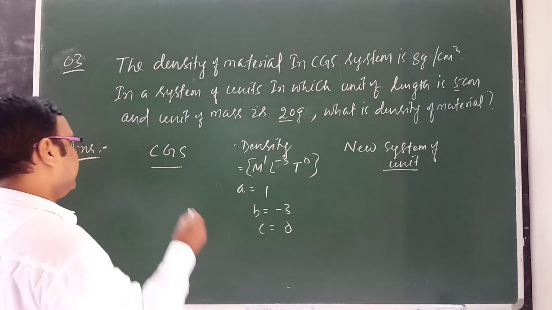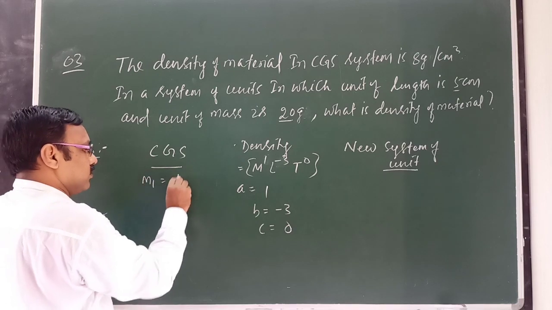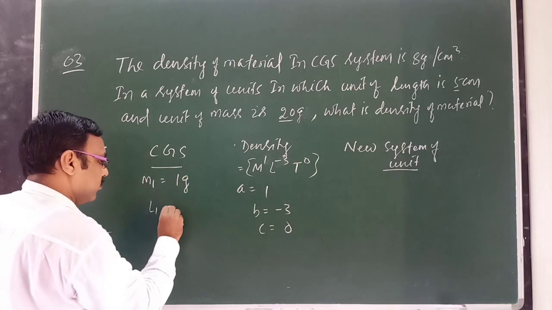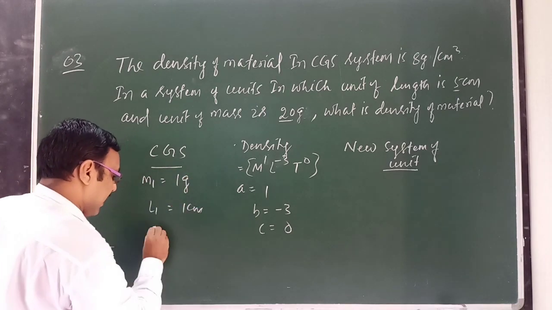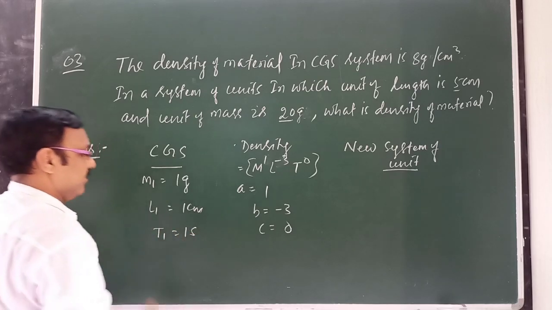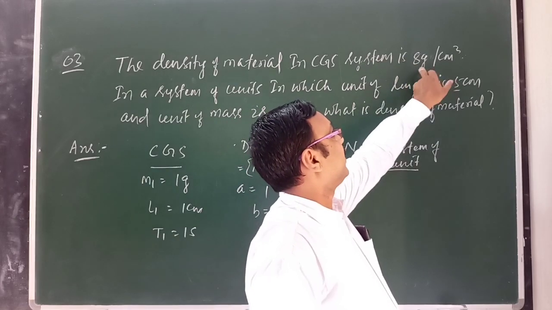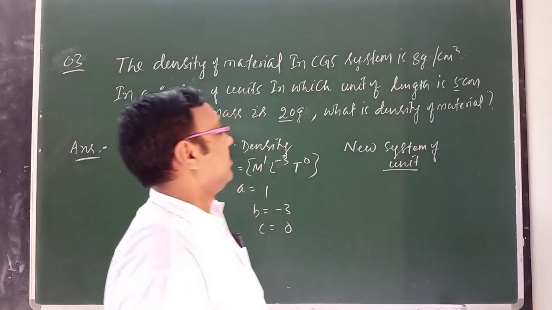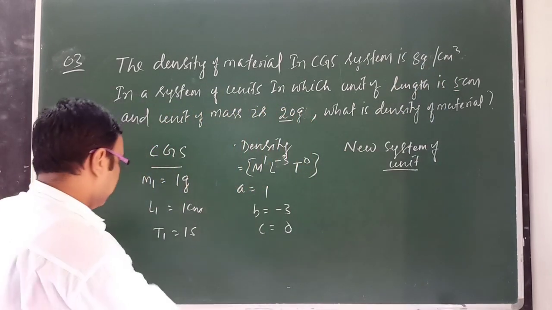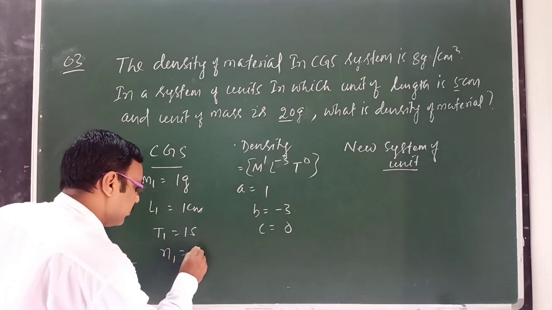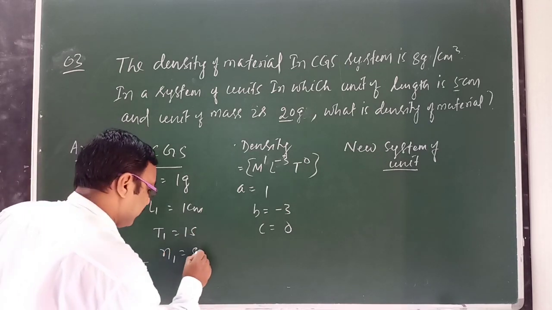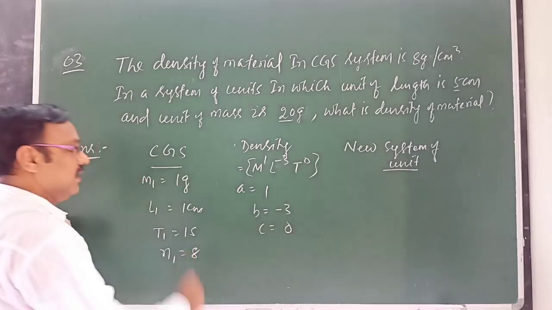And in CGS system we know mass equals 1 gram, length equals 1 centimeter, time equals 1 second. Here given is 8 gram per cm cube. So this is your n1. n1 equals 8 given.